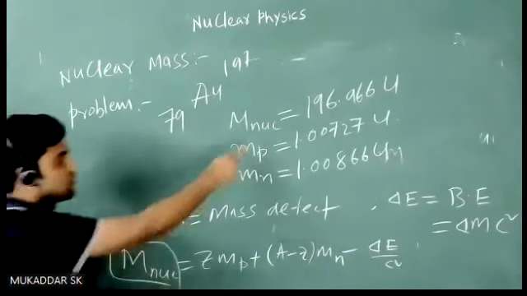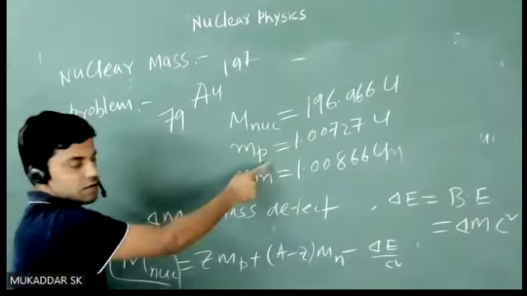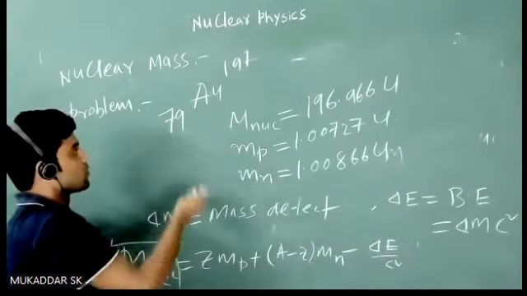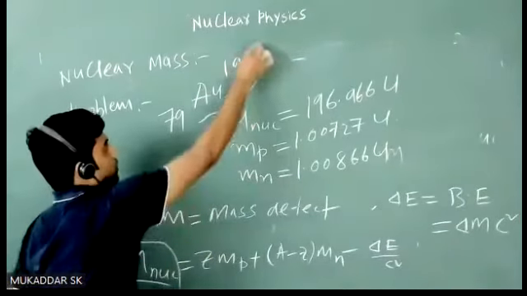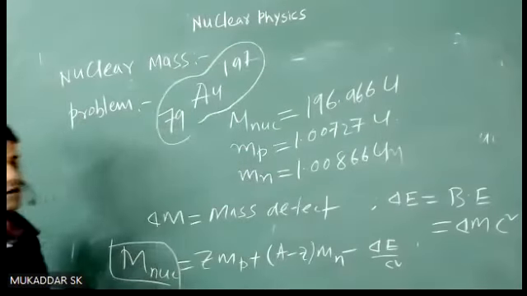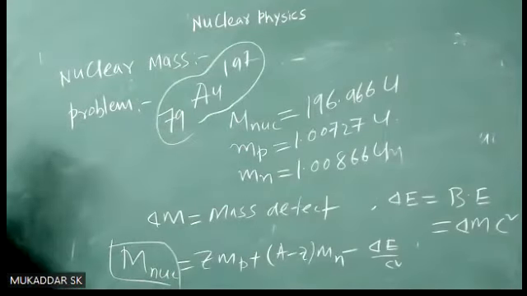The actual mass is given, the mass of a proton is given, and the mass of a neutron is given. You have to calculate the mass defect for this gold nucleus. Can you calculate? You have to calculate the mass defect first in atomic mass unit, then in kg, as well as in MeV per c square.